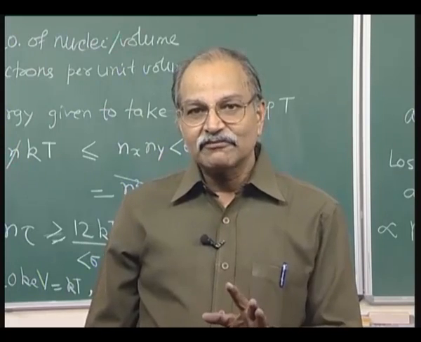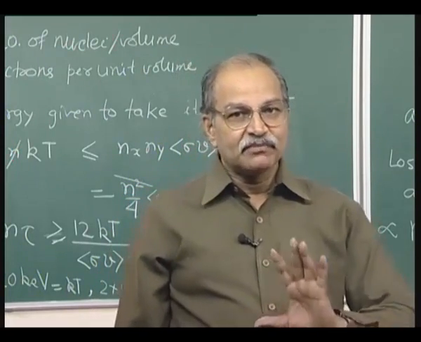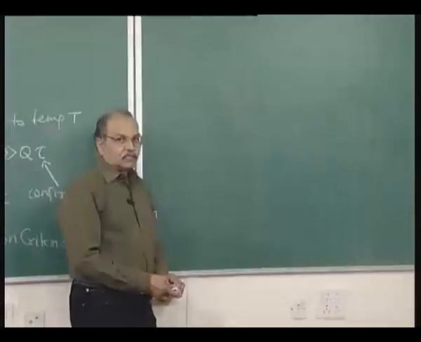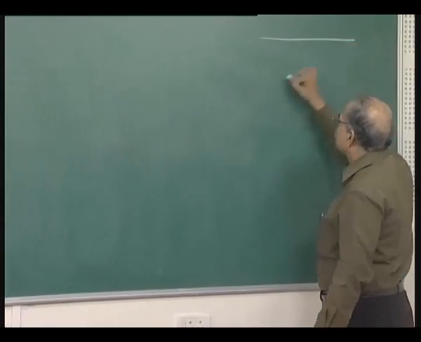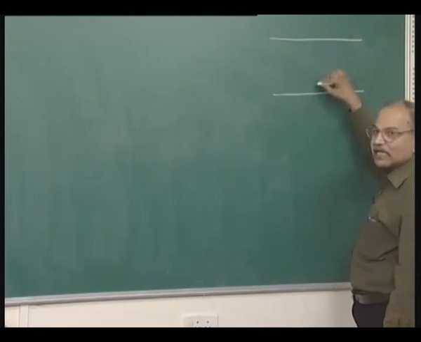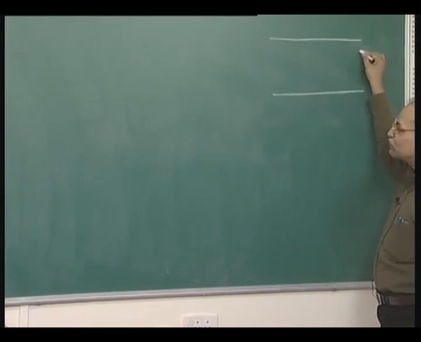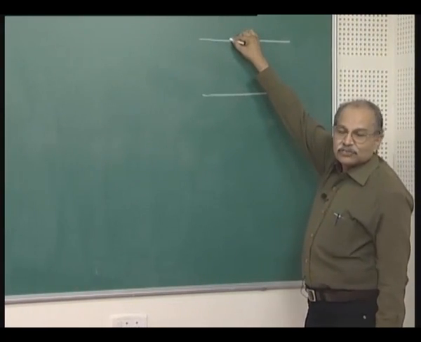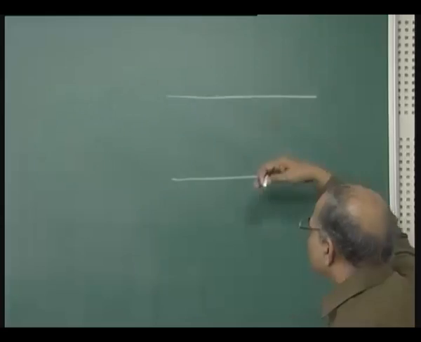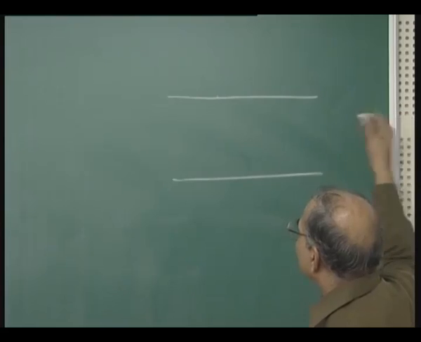What is magnetic confinement? Suppose you have some container, and you have some gas molecules going in random directions with random speeds. So, the molecules will go and strike here. Imagine a cylindrical container.